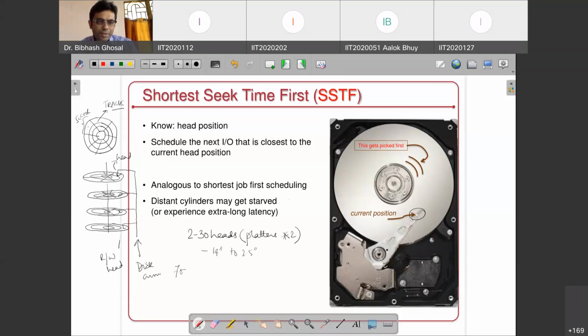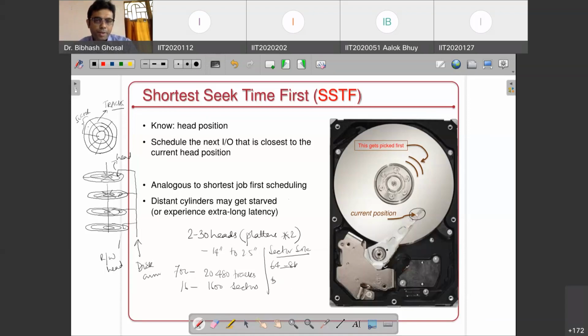There are about 700 to 20,480 tracks per disk, and about 16 to 1600 sectors. The sector size is typically in the range of 8K to 64K.